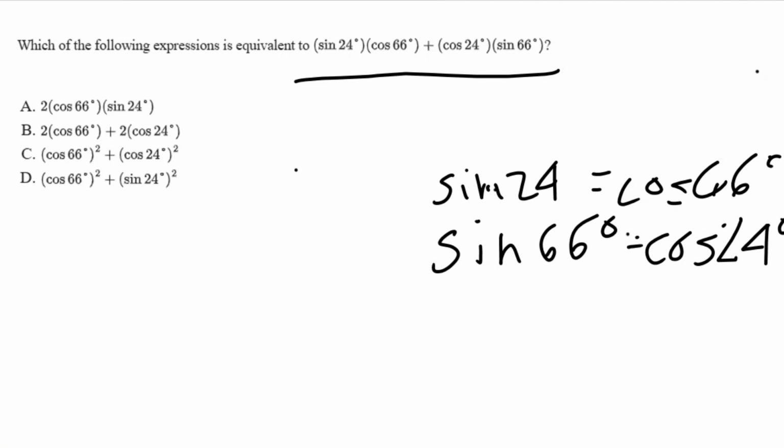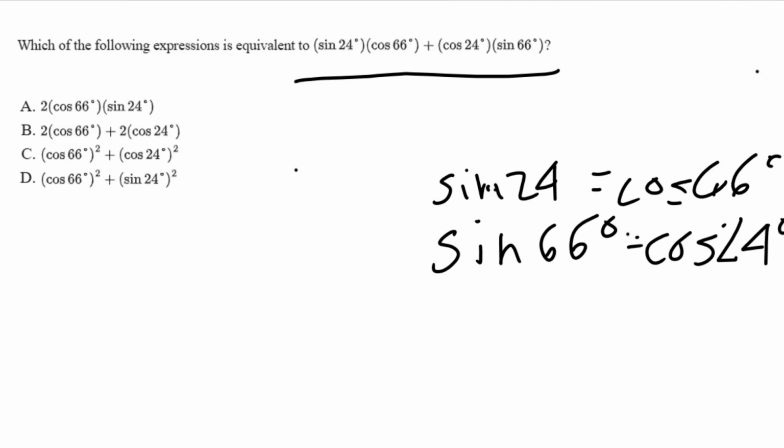Well, it doesn't appear so, based on the information that we have. It's not clear that you can immediately substitute, say, the cosine of 66 in for the sine of 24 in order to get this out.